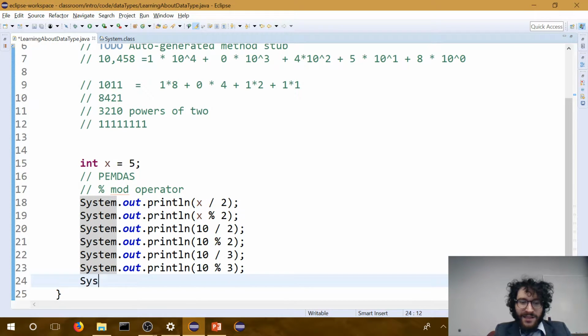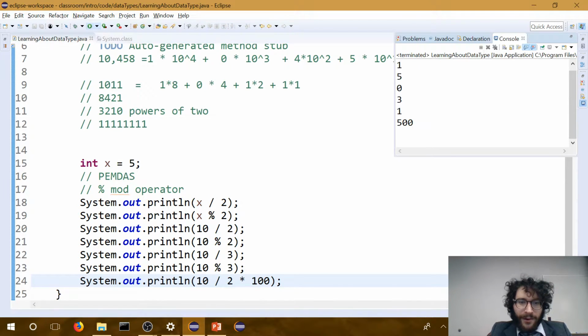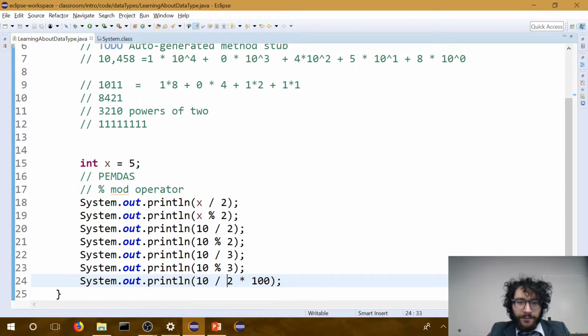So if I say System.out.println, and let's just make something up off the top of my head, let's say 10 divided by 2 times 100, right? That will give me 10 divided by 2, which is 5, times 100, which is 500.